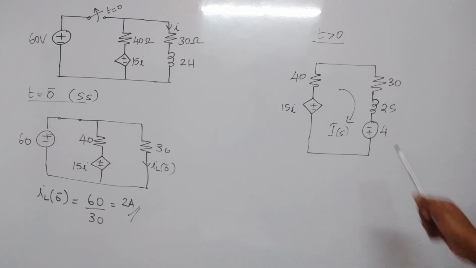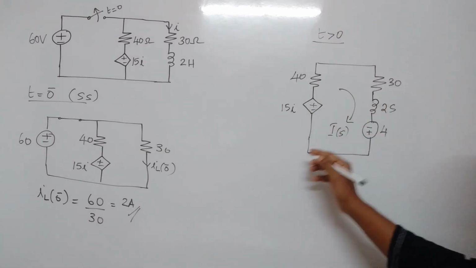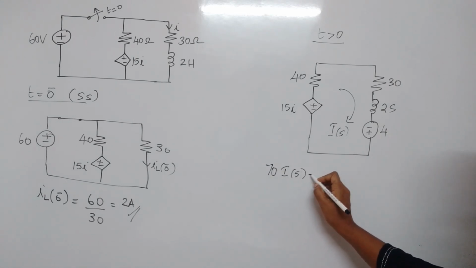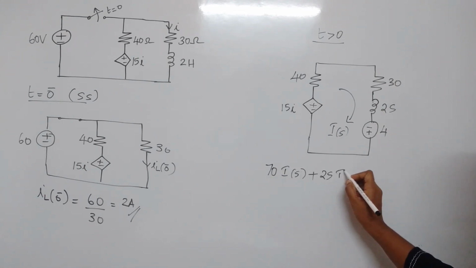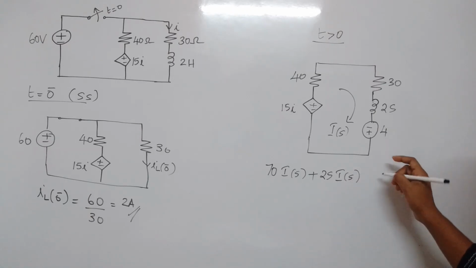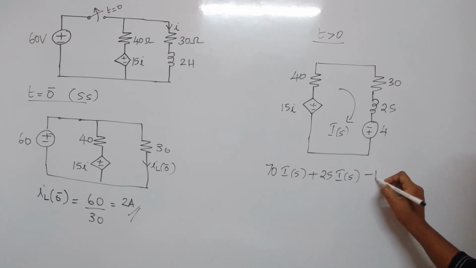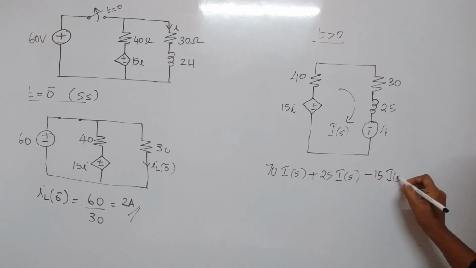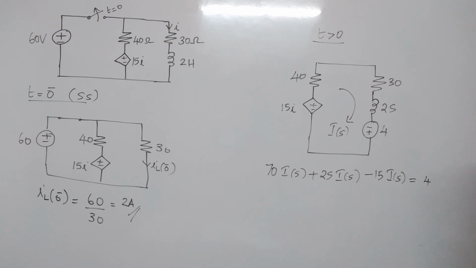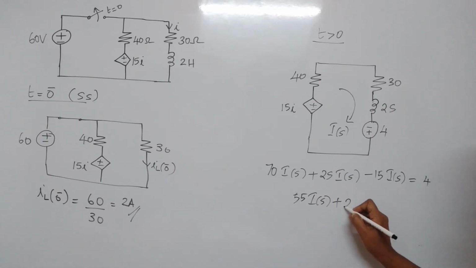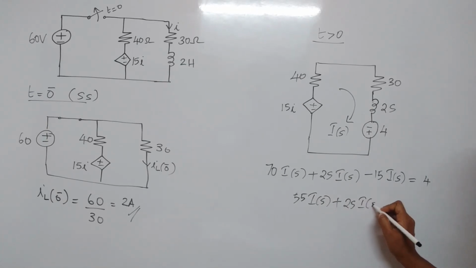Now we can write the KVL equation. 40 and 30 are in series. We can write it as 70 into I of S plus 2S into I of S, minus 15 I of S equal to 4. Or 55 I of S plus 2S into I of S equal to 4.